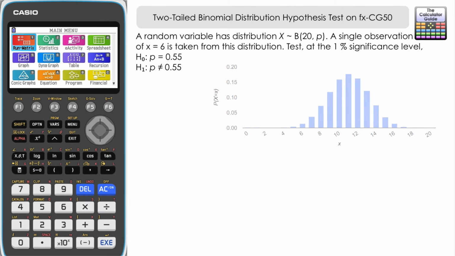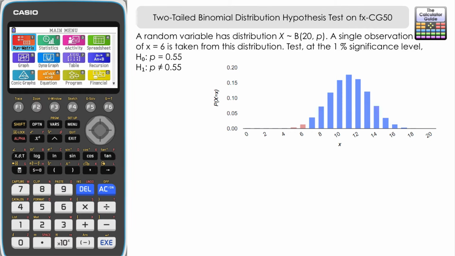Let's have a look at the graph of the distribution so we can see it here. Now, our x value from the question is x equals 6, but we have to consider more extreme results than 6. So we're thinking about 5, 4, 3, 2, 1, 0, all the way down there. And we have to include these more extreme values as well. Let's highlight those.